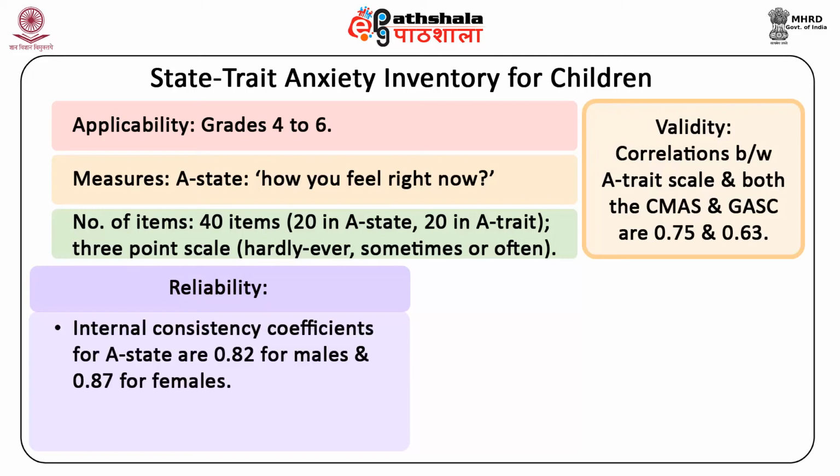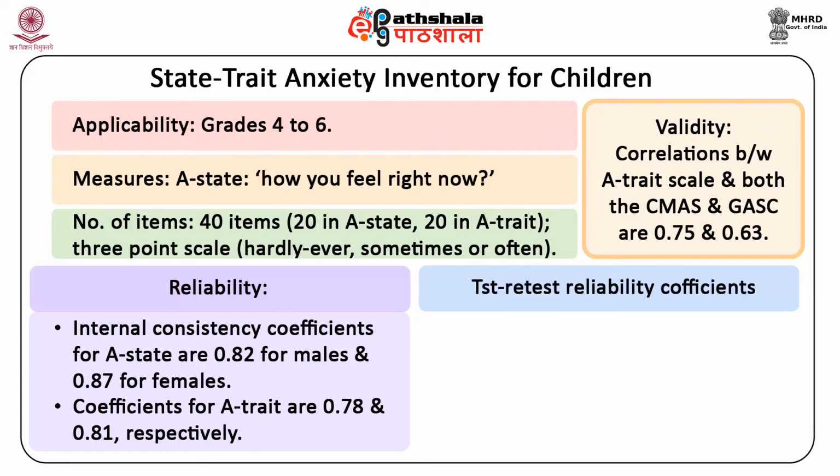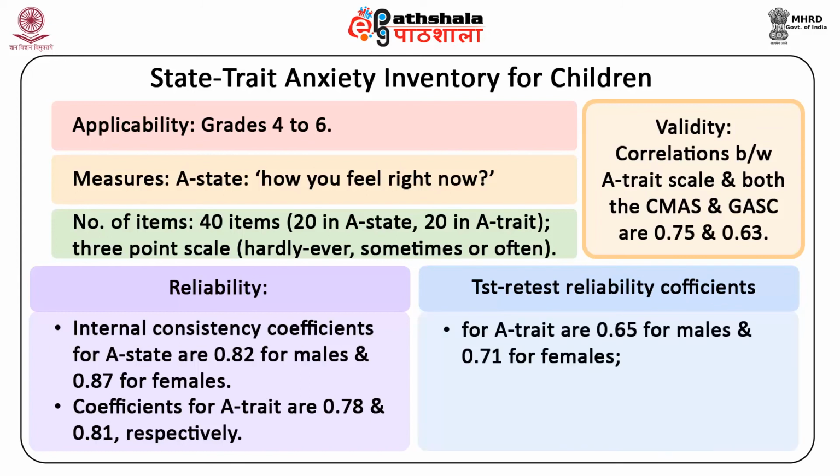Reliability: internal consistency coefficients for A state are 0.82 for males and 0.87 for females. Coefficients for A trait are 0.78 and 0.81 respectively. Test-retest reliability coefficients for A trait are 0.65 for males and 0.71 for females.